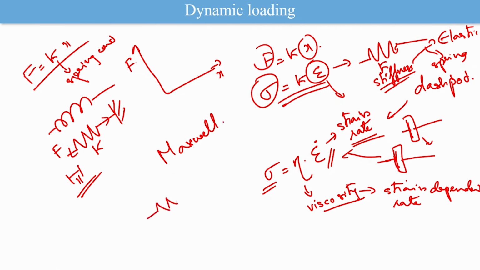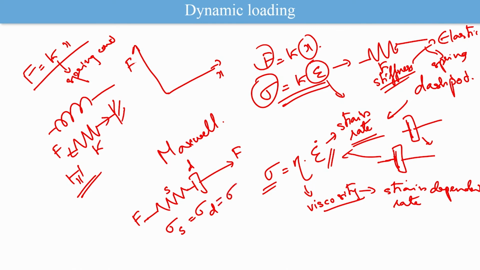Combining this kind of elements, Maxwell proposed the Maxwell model. He said that materials can be a combination of a spring and a dashpot in series. Whatever force you apply, the same force acts on both the elements. So if this is the spring and this is the dashpot, the stress in the spring is the same as the stress in the dashpot.